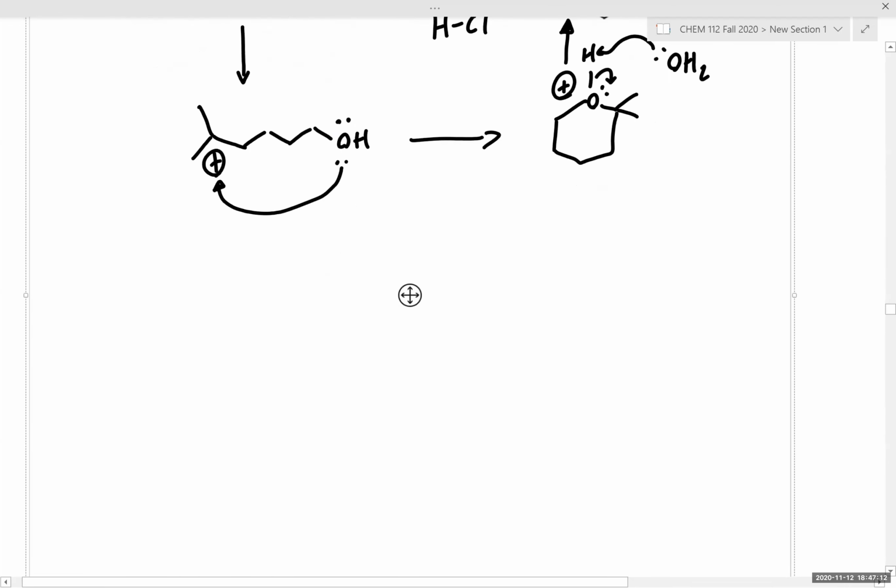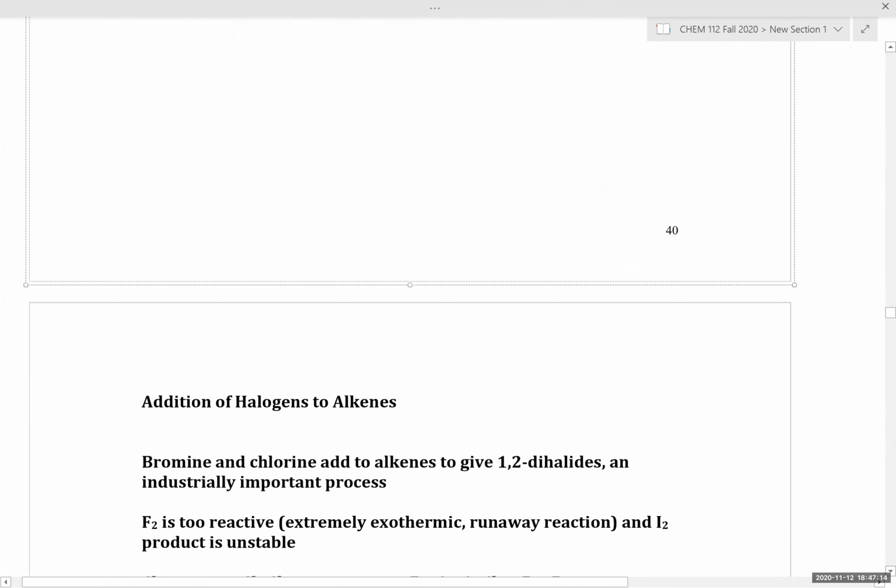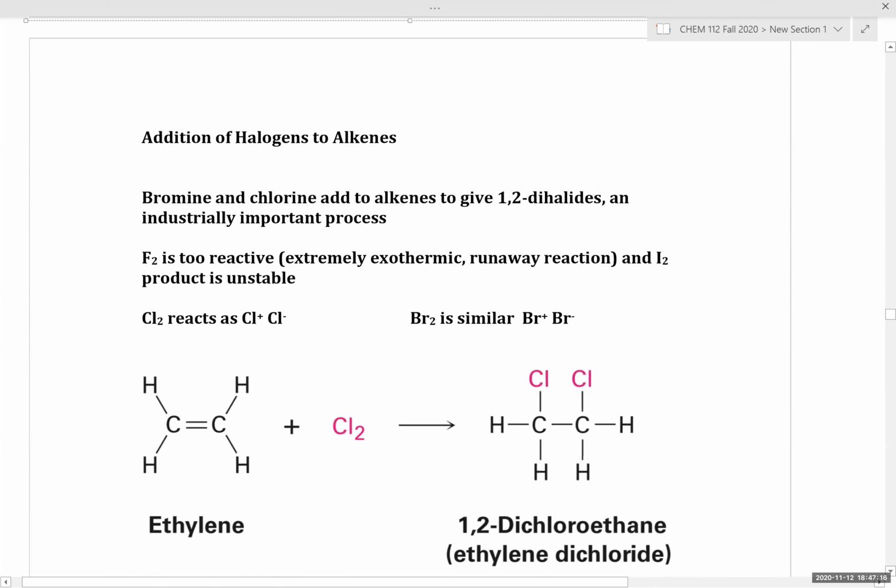Okay, perfect. So let's talk about some other variations. How else can we substitute these relatively nucleophilic alkenes with different species? How can we form some more unique carbon-halogen or carbon-carbon bonds from these alkenes?